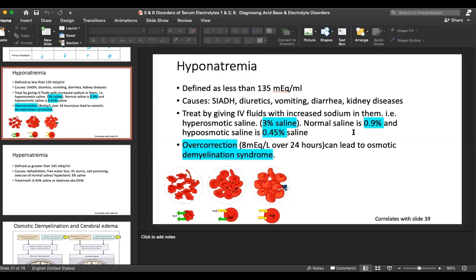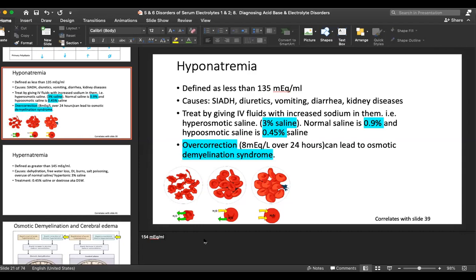This is sort of interesting, and you don't need to know this, but it's a good thing to think of. Normal saline is 0.9%, and normal saline has 154 milliequivalents per liter of sodium.